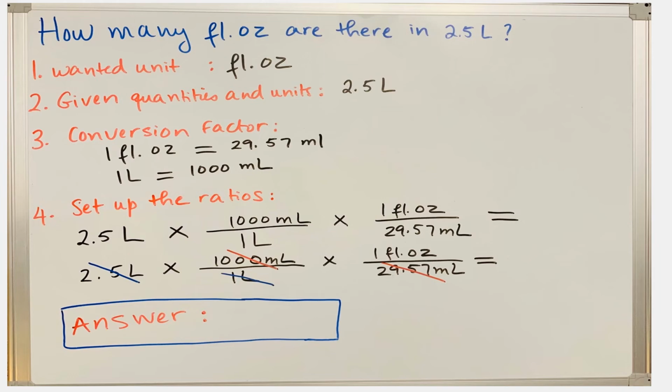Also, we know what we're trying to find is fluid ounce, so that value needs to be at the top. So you can see the liters cancel out, the milliliters cancel out, and now the only unit we're left with in the problem is fluid ounce.